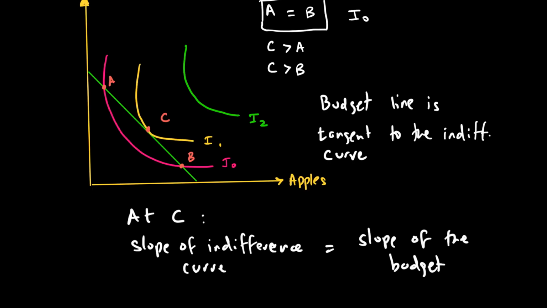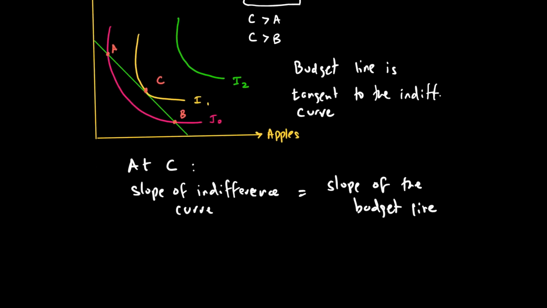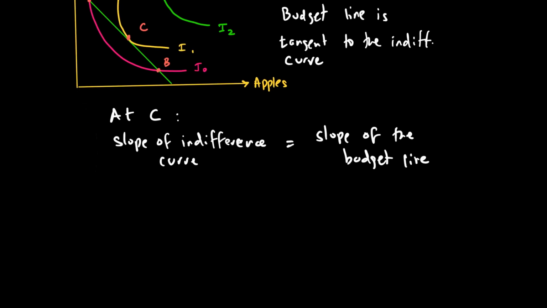Now if the slope of the indifference curve is equal to the slope of the budget line, I can sort of say this, that MUx over MUy, which is the slope of the indifference curve, is equal to Px over Py, which is the slope of the budget line, which we've seen in the past videos.